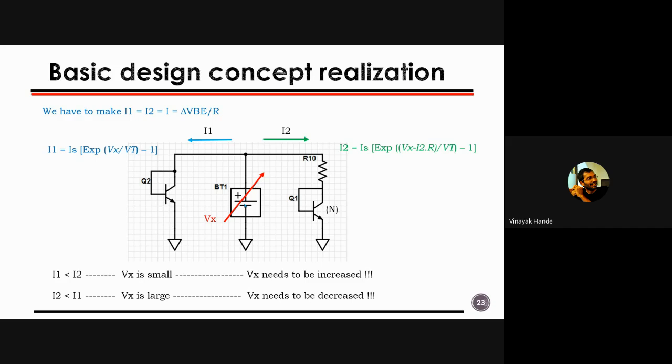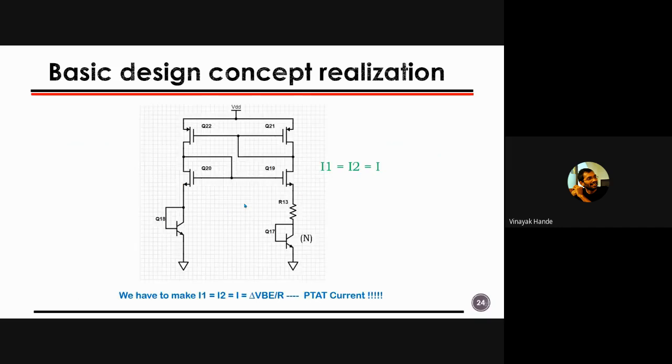So if we increase the value Vx from 0 to a very high value, initially I1 will be smaller, and after that I2 will be smaller. That means somewhere you will get I1 equal to I2. I just wanted to prove this in this slide.